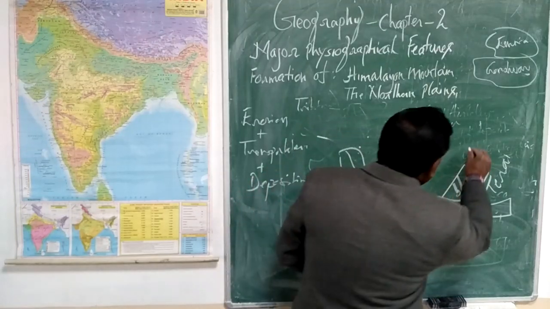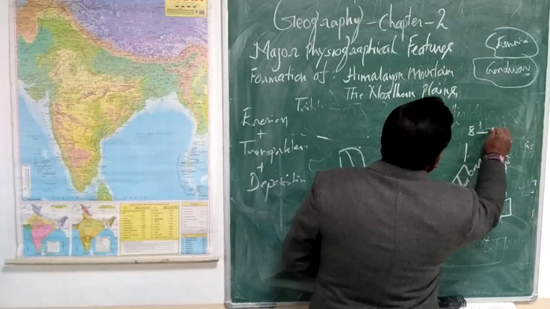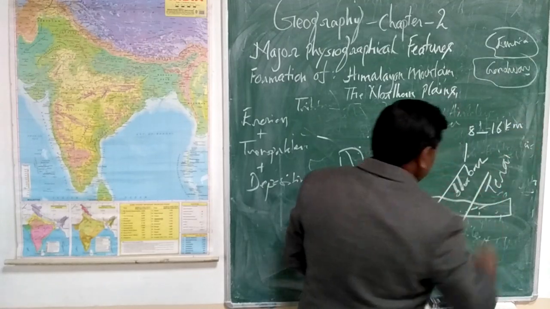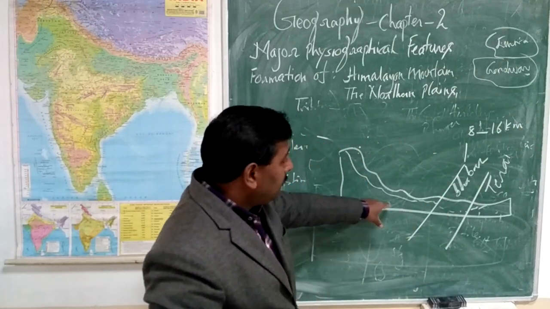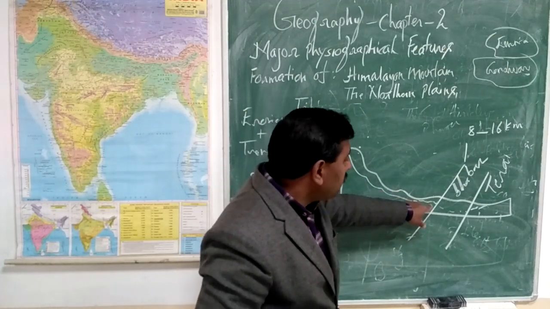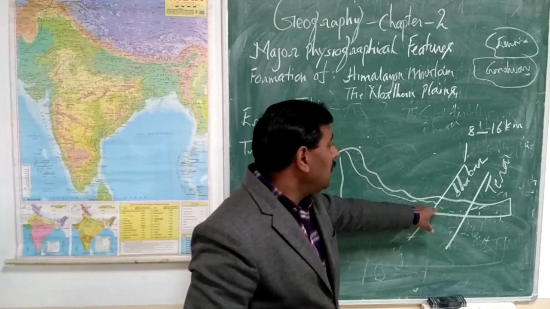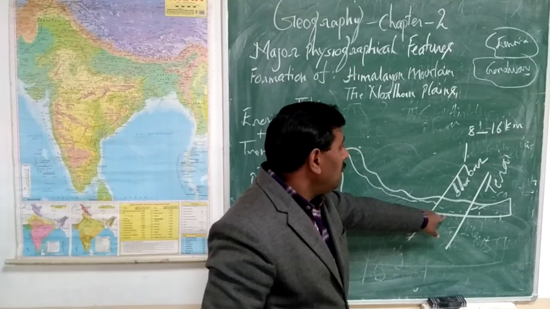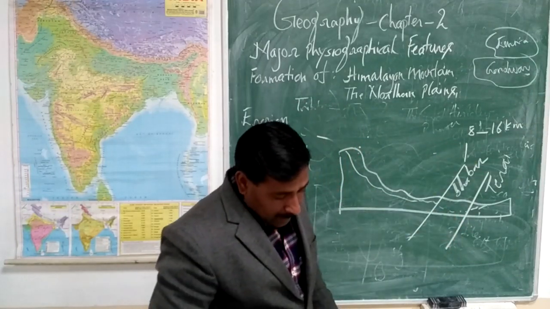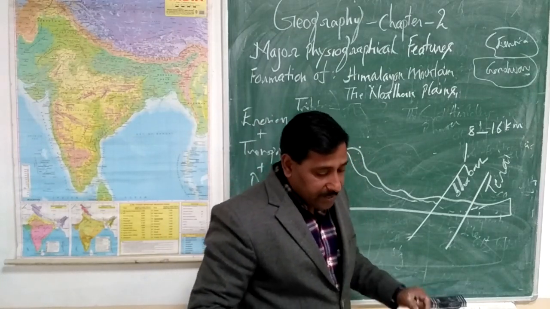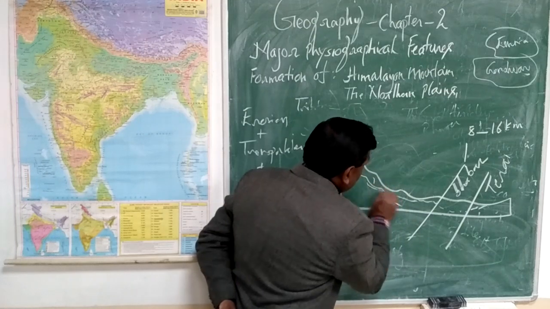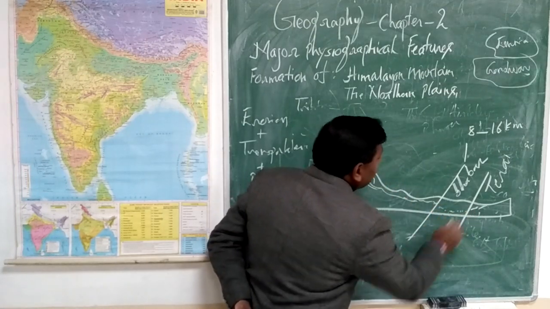So the width over here is 8 to 16 kilometers of the Bhabar belt I am talking about. The rivers flowing from the mountains deposit the silt in the Bhabar belt, and all the streams disappear in this bed.